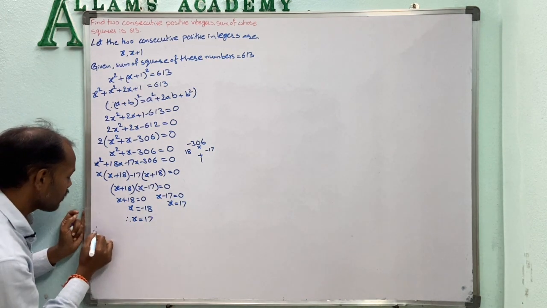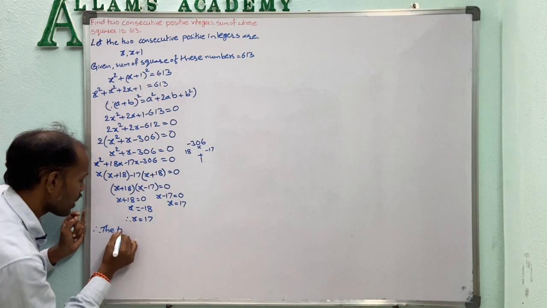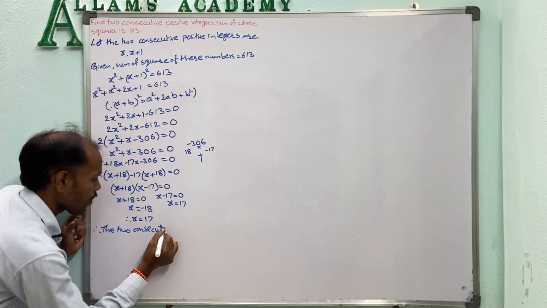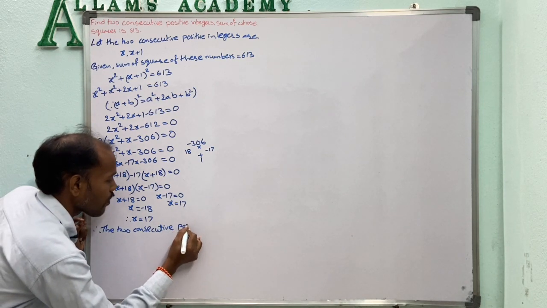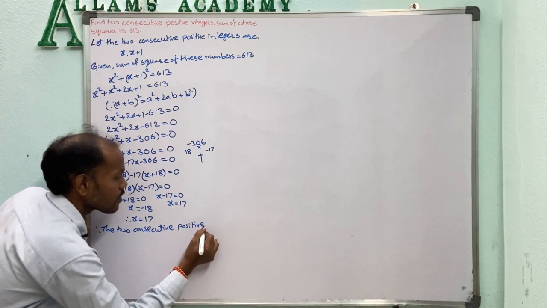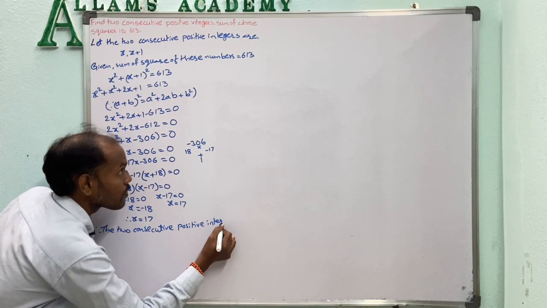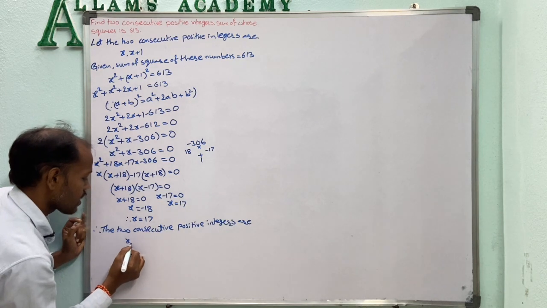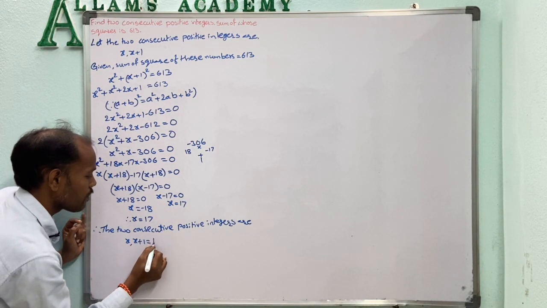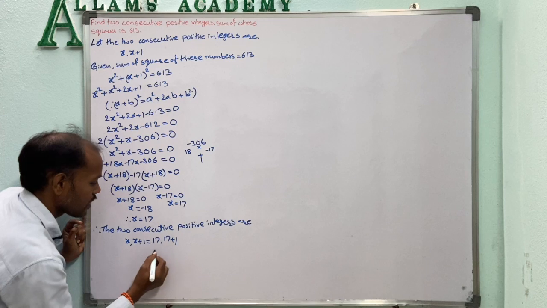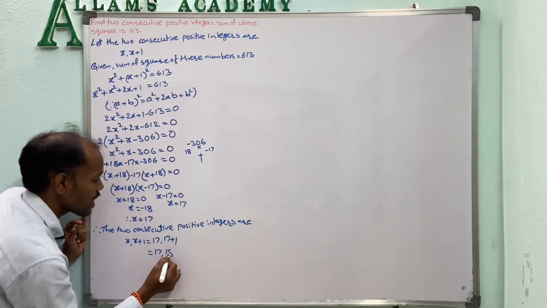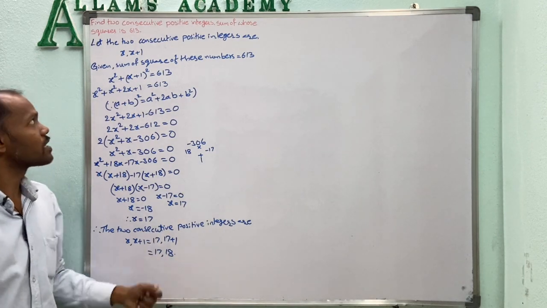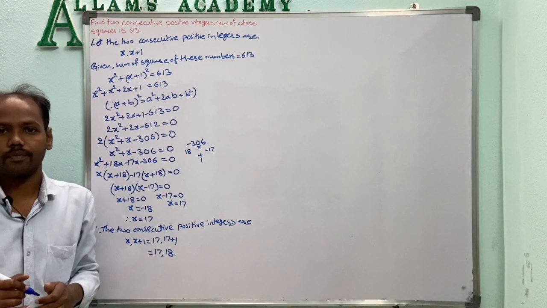Therefore the two consecutive numbers are x and x plus 1, that are nothing but 17 and 17 plus 1, that equal to 17 and 18. So squaring 17 and 18 and adding, we get 613.